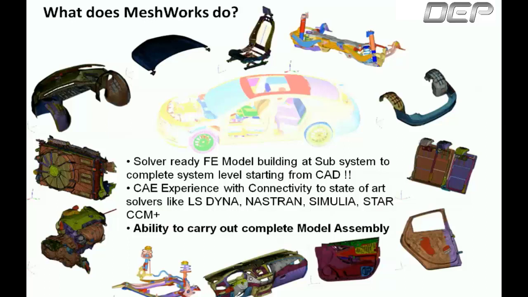It is able to build the complete powertrain assemblies, besides plastic parts and sheet metal parts. So it is a full-fledged modeling tool, and it develops the full system level models for LS-DYNA and Abaqus Simulia kind of solutions. That's something very important that we wanted to bring up to you.